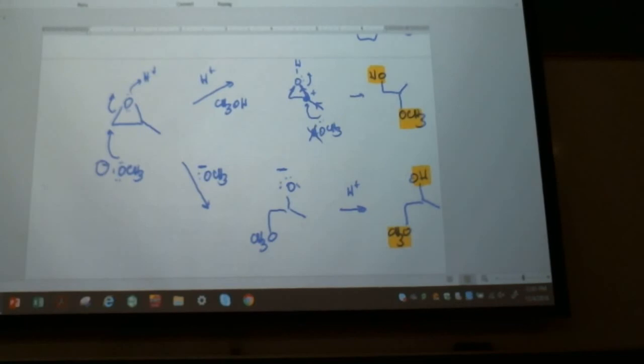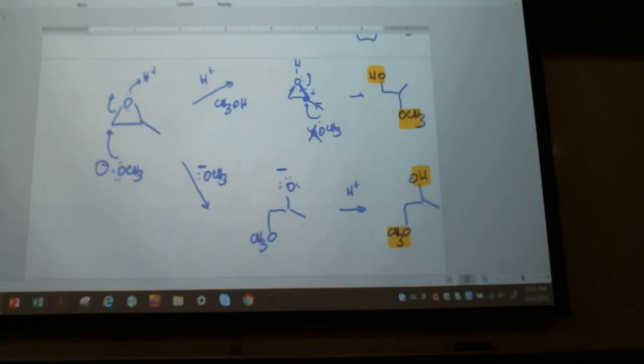So the specific reaction that we had in here, rather than using an alkoxide ion, I was using a Grignard. But a Grignard is a basic type nucleophile, and so it's going to attack on this carbon, as opposed to under acidic conditions, where we're going to attack on this carbon.